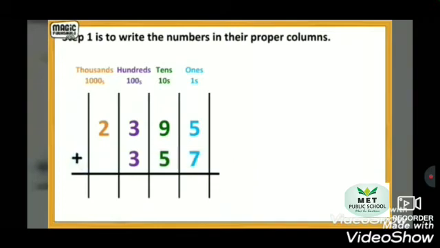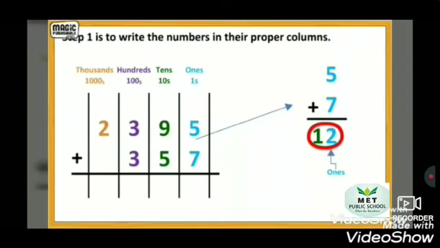Now let's add. We are going to start in the ones column, and 5 plus 7 is equal to 12, which means 2 ones and 1 ten. So we are going to place the 2 in the ones column and carry over the 1 to the tens column.